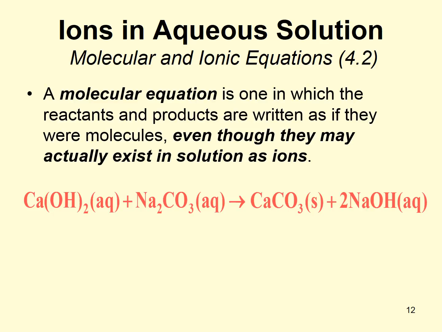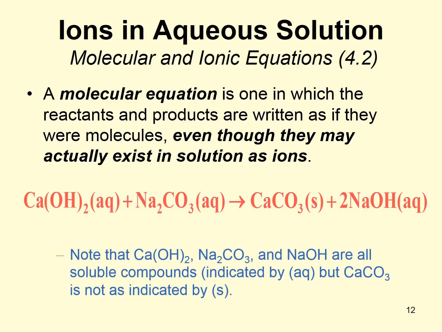The calcium carbonate, however, is a solid. And actually, even if you didn't know your solubility rules, just having those letters listed after the compound will tell you that the first two reactants are aqueous. They're soluble in water. The calcium carbonate is not soluble in water, but the sodium hydroxide is. It's aqueous.